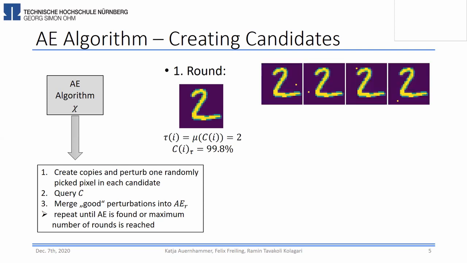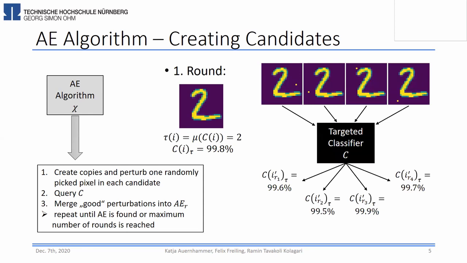The algorithm creates candidates and receives all the probabilities for the true class from the classifier. We can see that for 3 of these images, the probability of the true class is reduced, while the 4th image has an increased probability for the true class.